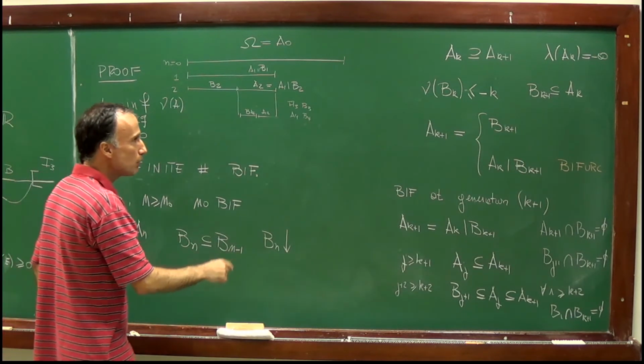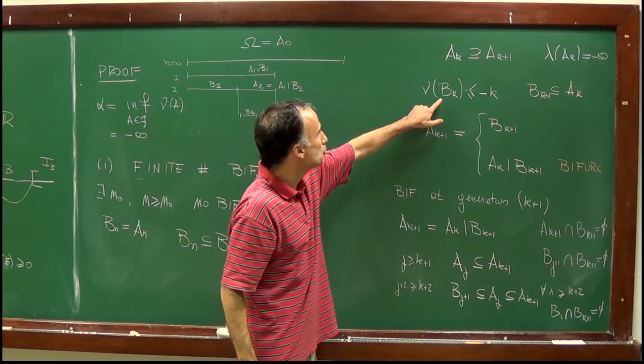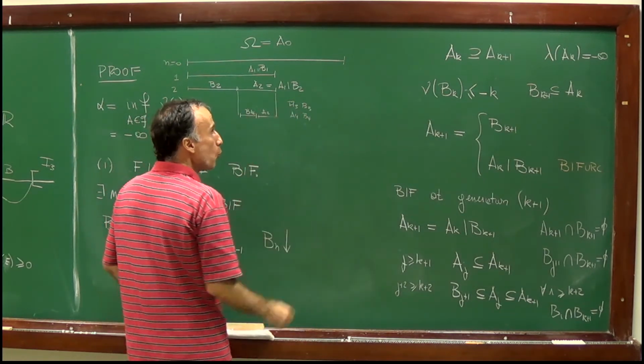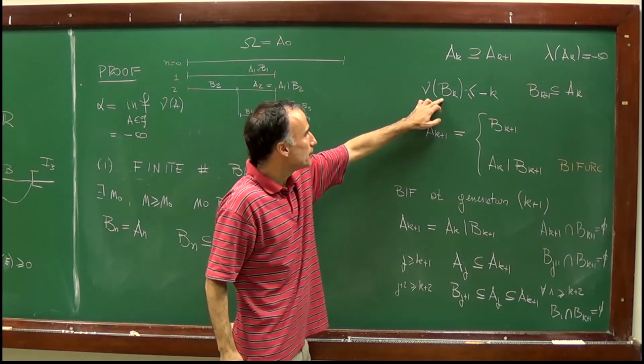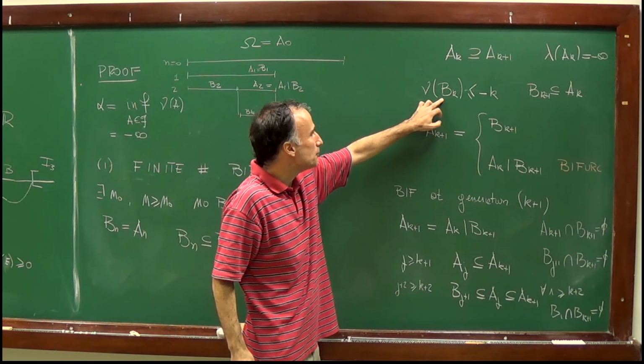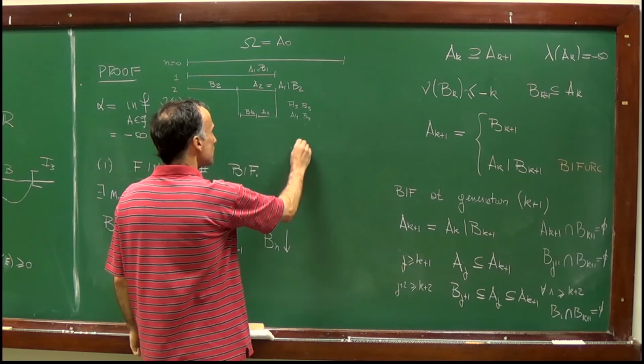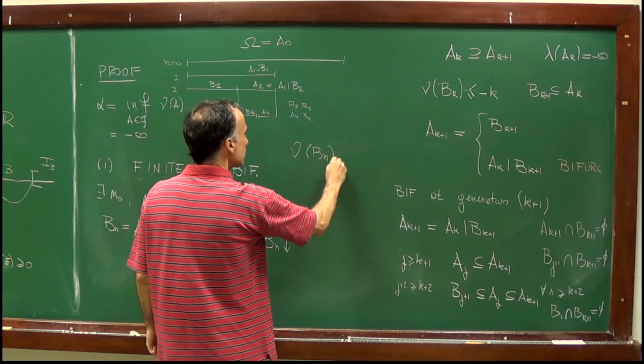Well, we know also that nu of B_n is less or equal than minus n. We know that nu of B_n is not equal to minus infinity because nu does not take the value minus infinity. So this means that nu of B_n is always a real number.